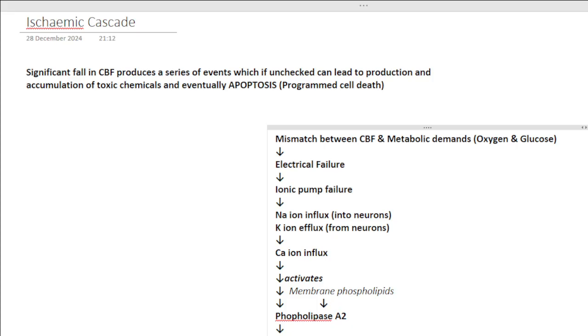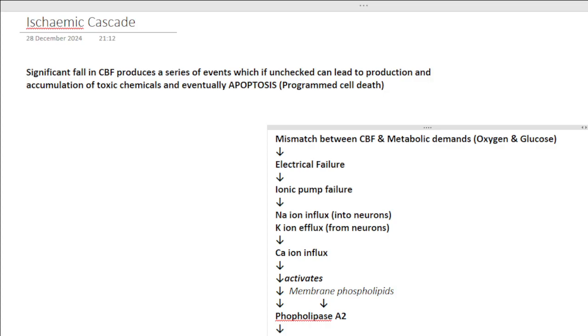Starting with, I'll write it in caps, prostaglandins, and then another, basically these are free radicals, and hydroperoxides. See how cascading the effect is.